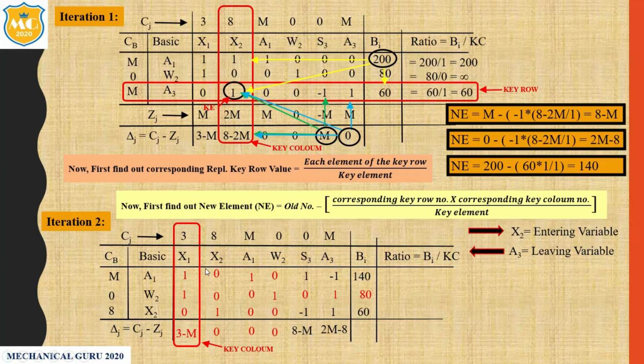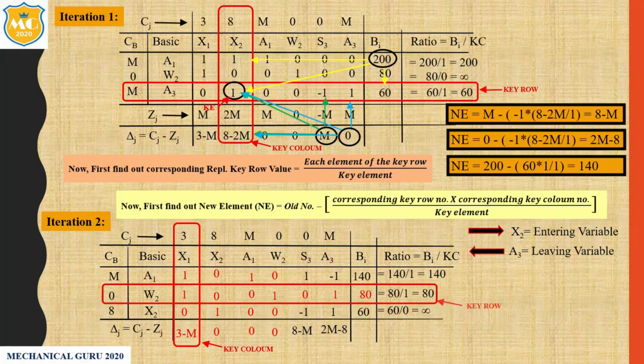So 140 divided by 1, 140, 80 divided by 1, next 60 divided by 0. So here minimum positive number is 80. So this is our key row and this is our key element. Okay, so here second iteration is completed. Now we will go to the next iteration, that is iteration 3.